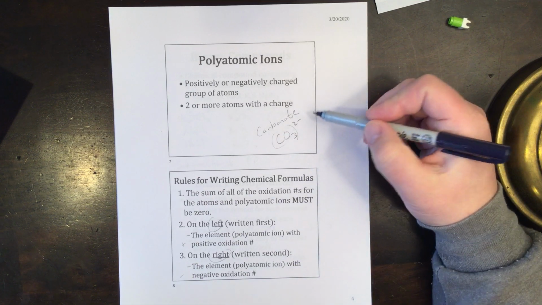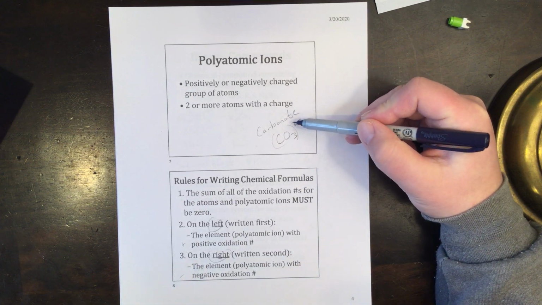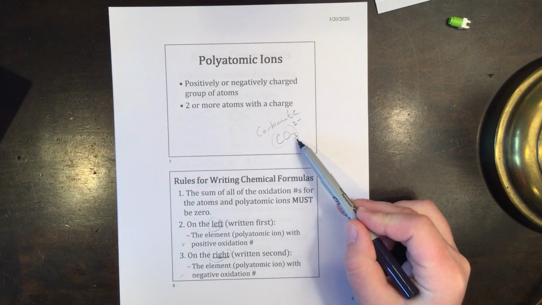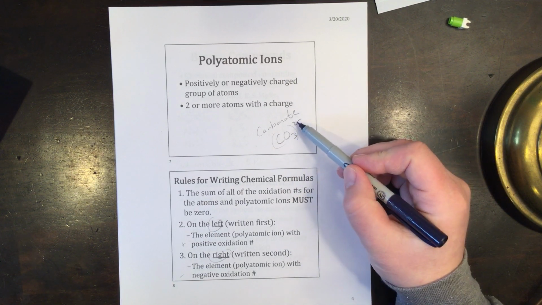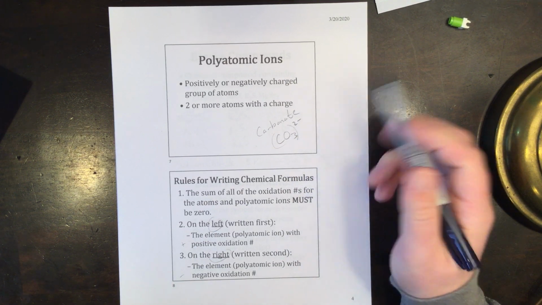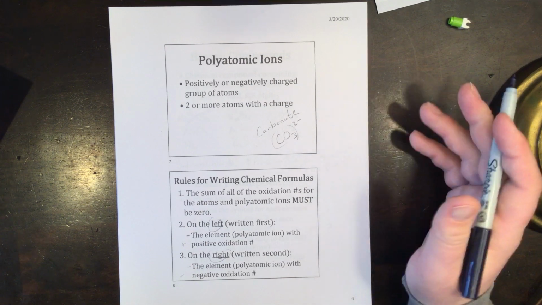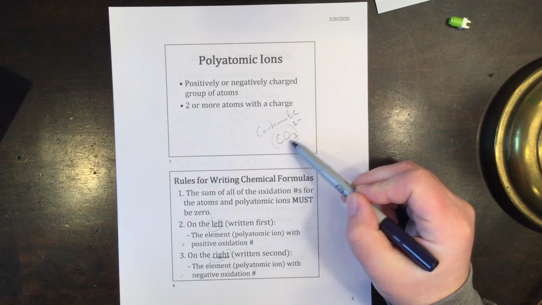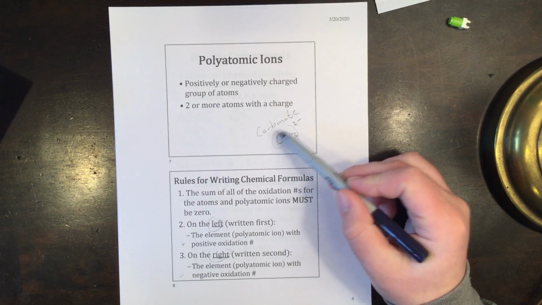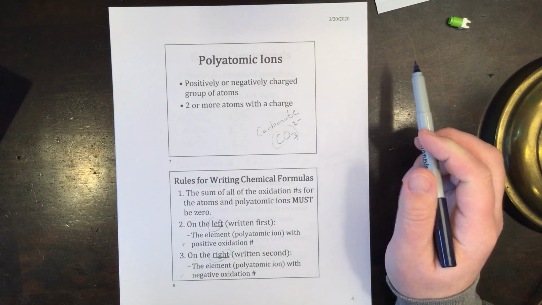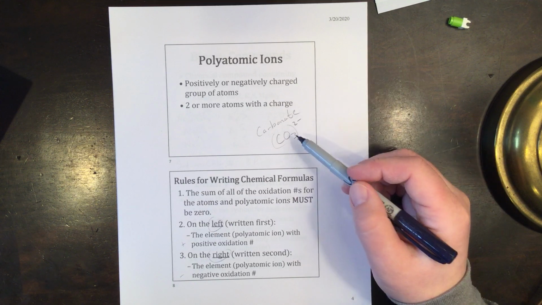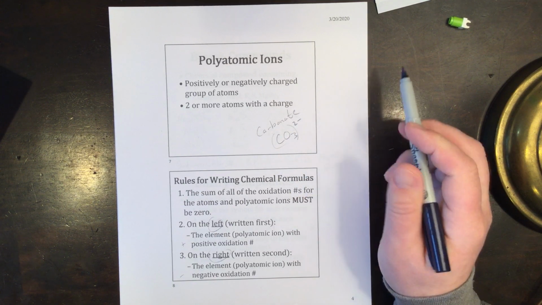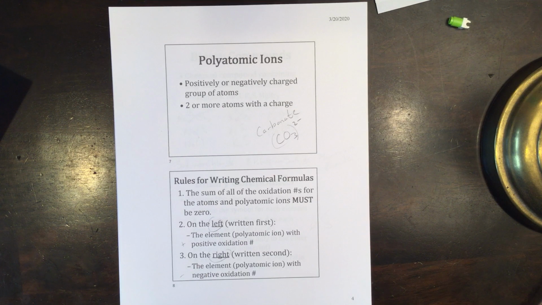So for example, on the back of the periodic table, you can go find carbonate, and it's CO3, but yet it still has a charge. We're used to only having zinc or sodium or whatever and having a charge. Now, these actually bond up covalently, and they still have a charge. Once we do that, we would just combine them with our positive ions as we would anywhere else.